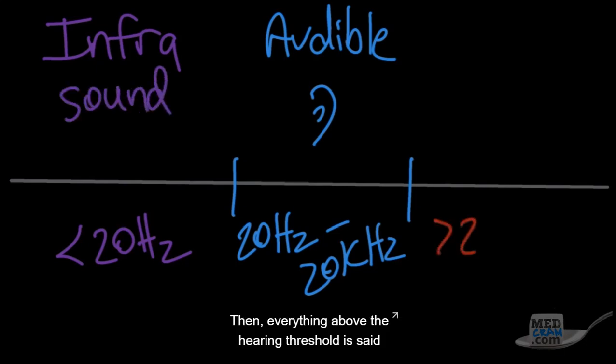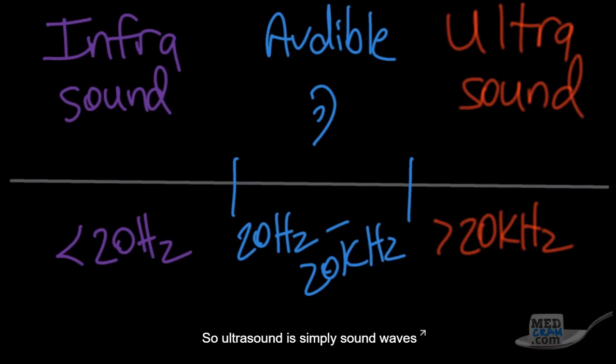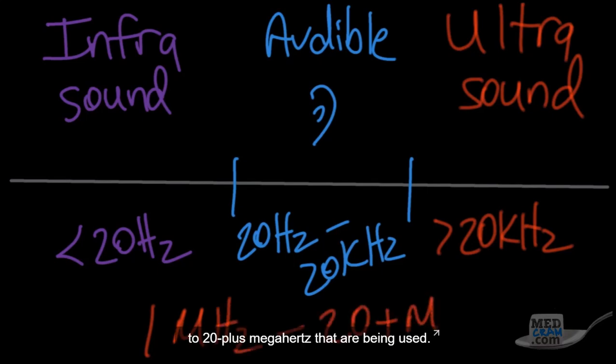Then everything above the hearing threshold is said to be ultrasound. So ultrasound is simply sound waves that are above the hearing threshold. In diagnostic medical ultrasound, the frequency ranges typically are 1 to 20 plus megahertz that are being used.